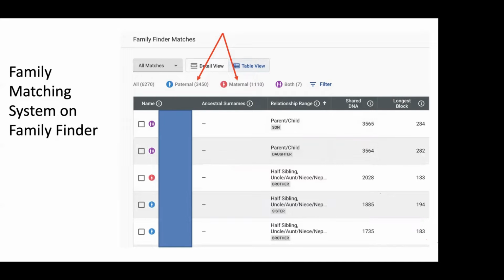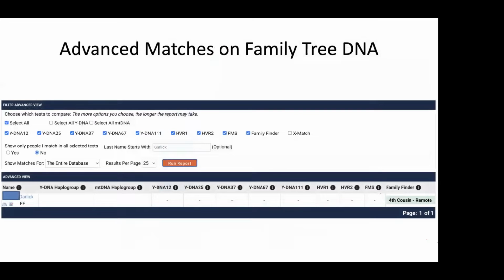And then as you link more relatives, it will automatically sort more of your other matches into either paternal or maternal sides. I have over 6,000 matches, but by selecting one of these tabs, I can focus on the 3,400 matches that are clearly on my paternal side or the 1,100 matches from my maternal side.